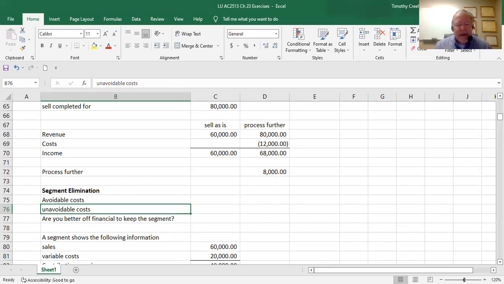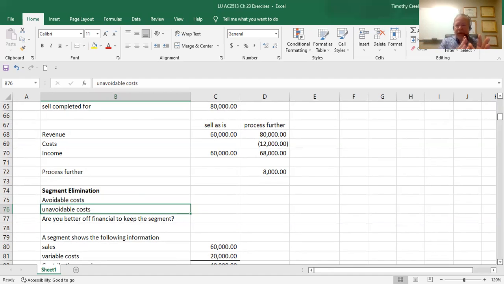One thing to think about here too is that some costs from headquarters are allocated out. Most companies will allocate the cost of headquarters, like accounting, information technology, HR. They'll allocate that cost out from headquarters to all the units.